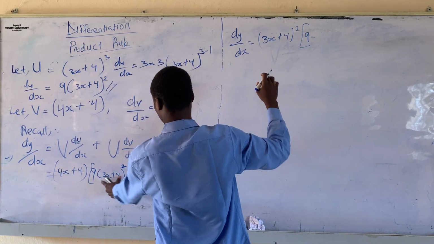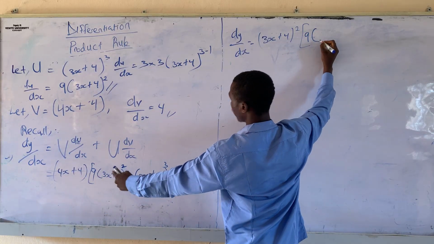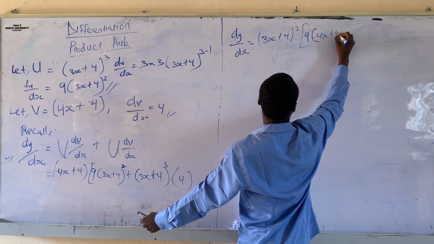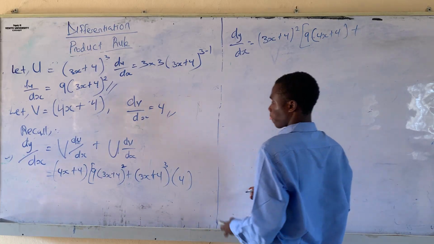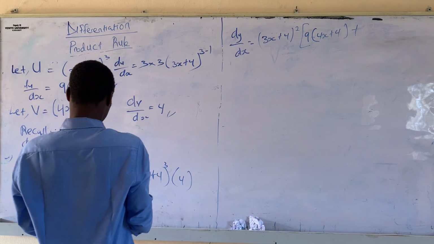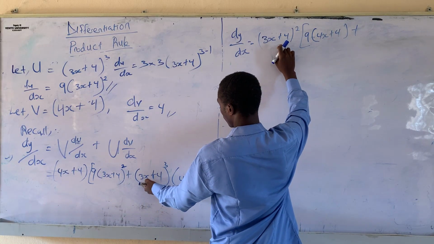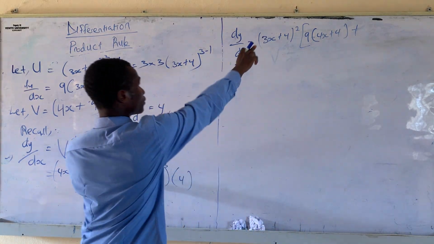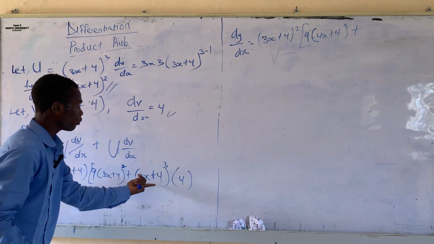This we cancel, then it remains this. So this remains bracket 4x plus 4. Then plus, we have here, this we cancel. If this divided this, then it will remain 1.